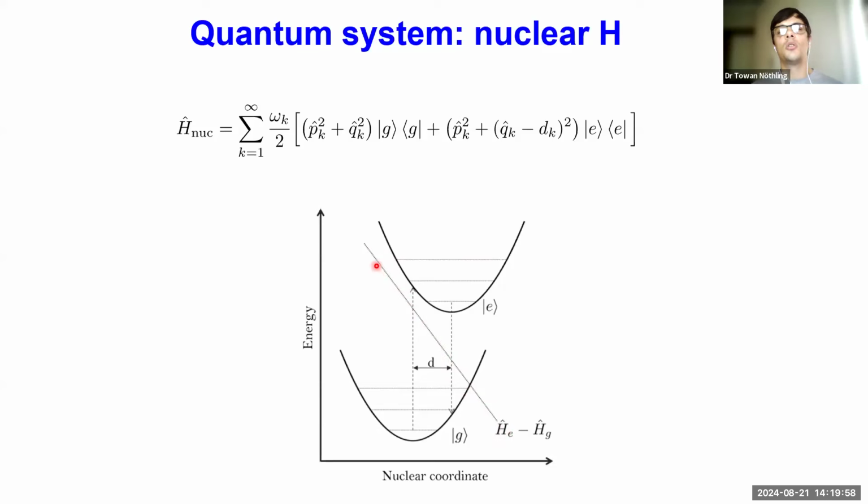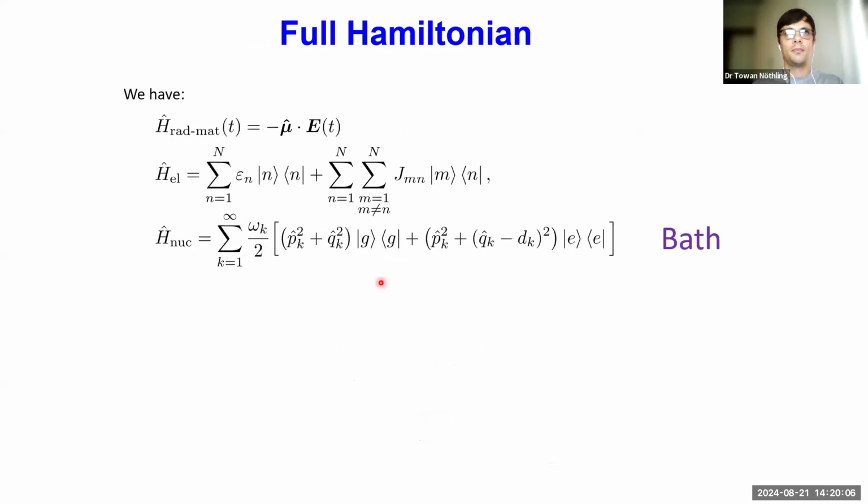That points to linear interaction between the electronic and the nuclear modes as we will see much later. We refer to the set of nuclear oscillators as the bath. Okay, so the molecular Hamiltonian consists of the electronic Hamiltonian and the nuclear Hamiltonian.